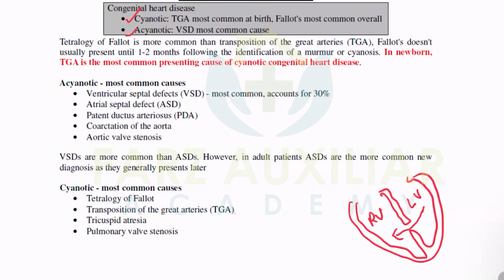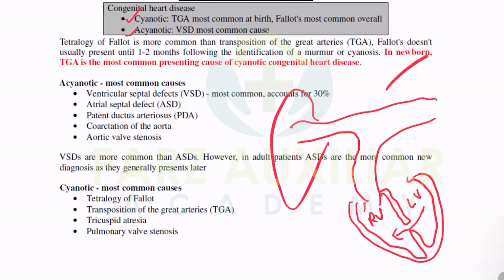So if at all the admixture is happening, it is happening with the addition of oxygenated blood into deoxygenated blood. Now this blood flows to the pulmonary arteries into both of the lungs. And because this volume is increased, this leads to pulmonary plethora.